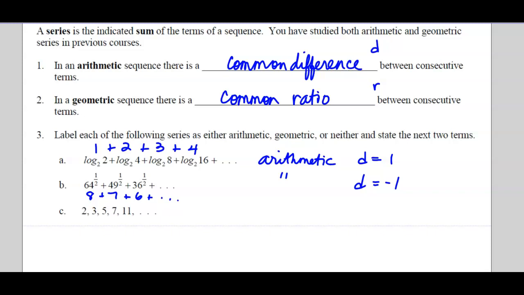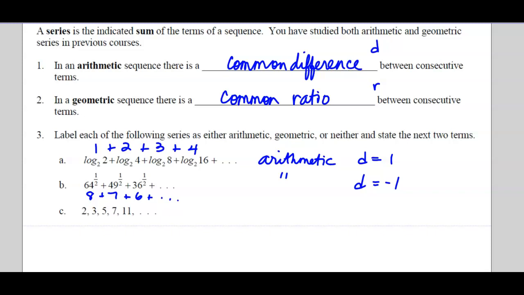It's a recursive definition, so you need to be told that T1 is 2, T2 is 3, then T3 is the sum of the previous two terms. T4, oh, no, just joking.